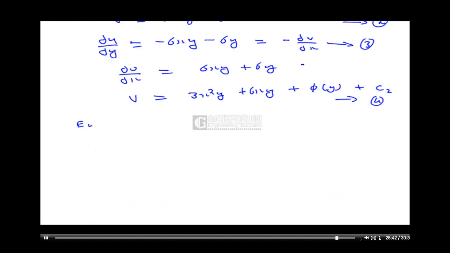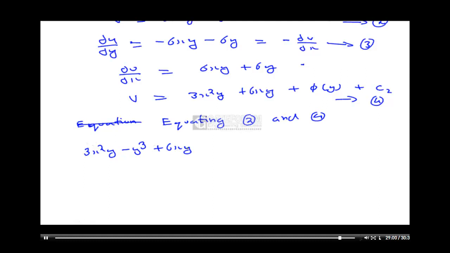Equating 2 and 4, I have 3x square y minus y cube plus 6xy plus 5x plus c is equal to 3x square y plus 6xy plus 5y plus c.